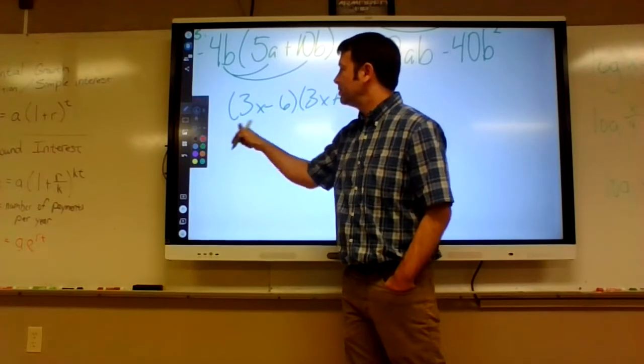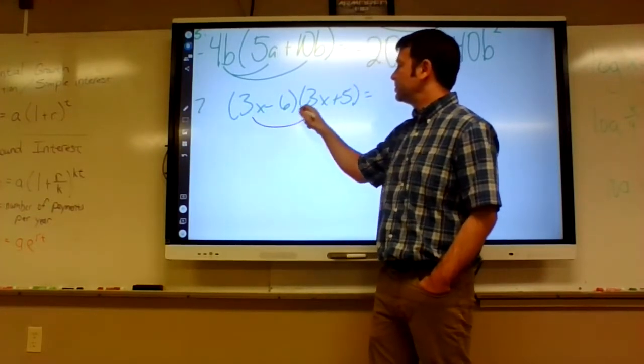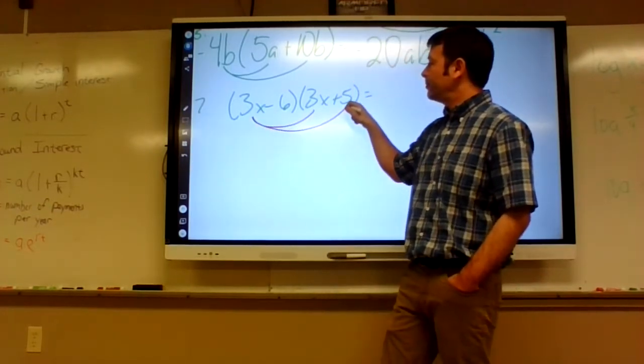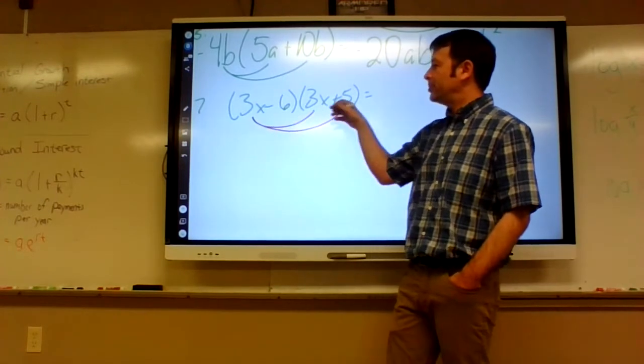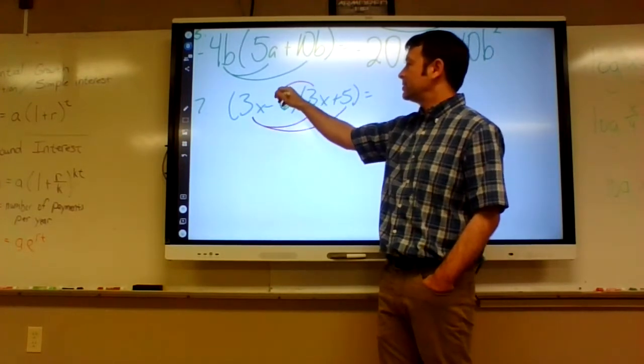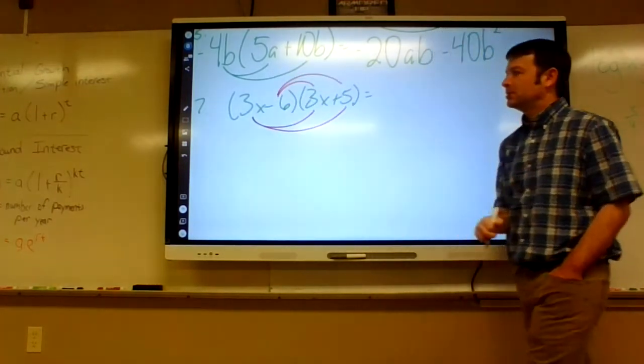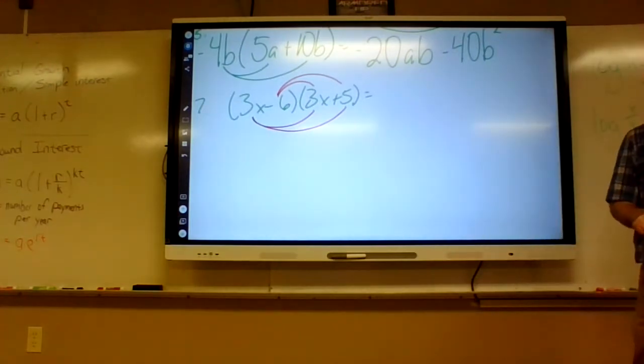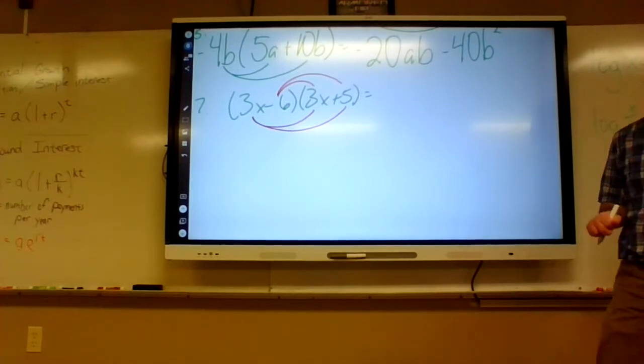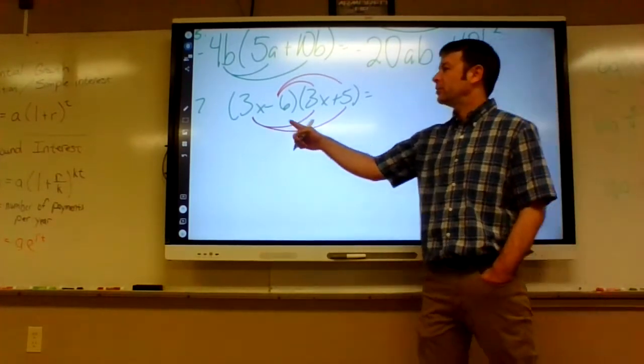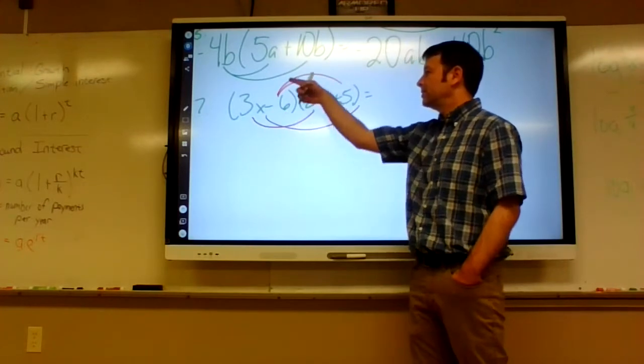Both terms need to multiply on both terms. So I'm going to do 3x times both of those and -6 times both of those. So how many terms should I have in the end? 4. 1, 2, 3, 4.